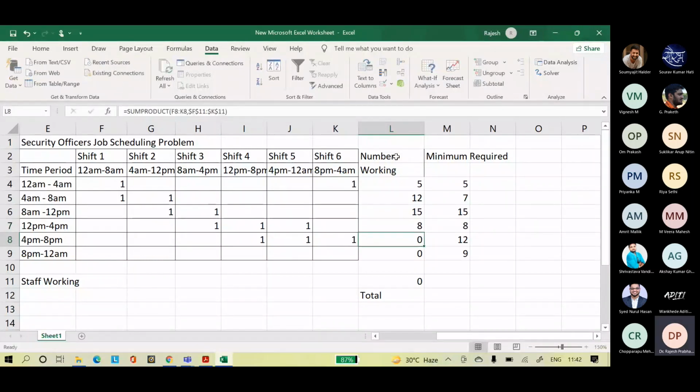We need 8. We need 12. Now this is the formulated cell actually. I've done this problem earlier. Where I am missing, I'm not sure.